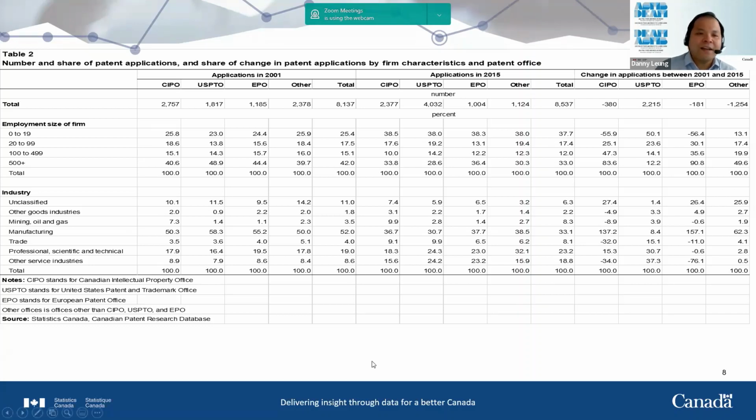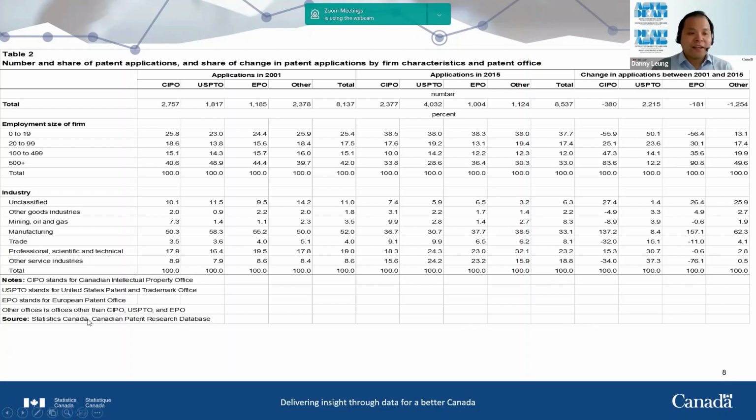In 2001, small firms with 0 to 19 employees were responsible for 23% of applications, but in 2015, they were responsible for 38%. And when you look at who was responsible for the change, which is the far right set of columns, you see it's over 50.1% for 0 to 19 employee firms.